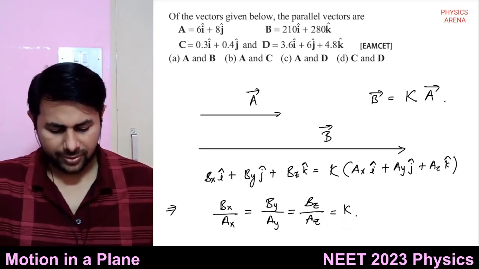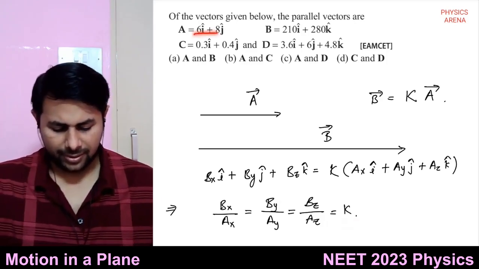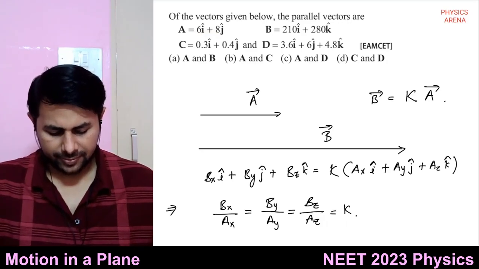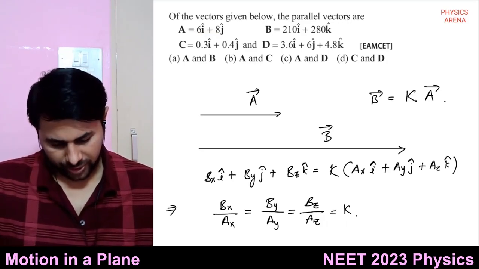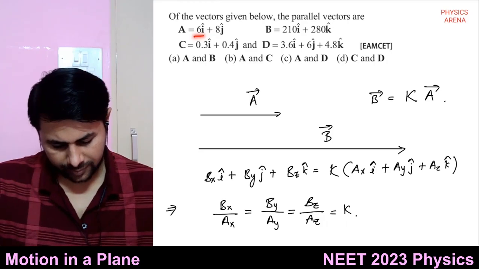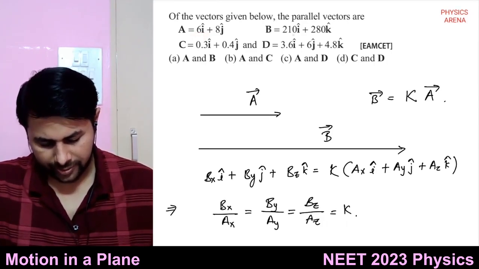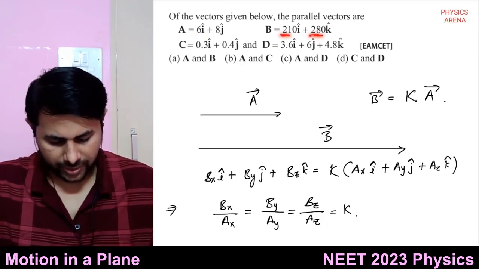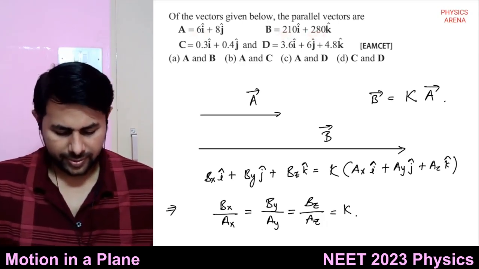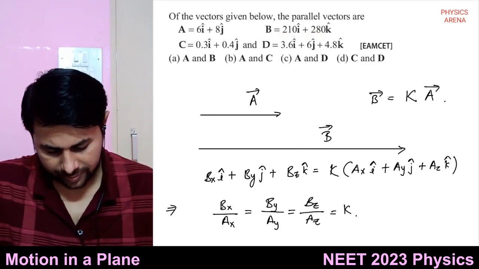So can we check now which of these vectors are parallel? Option B, sir. B is correct.